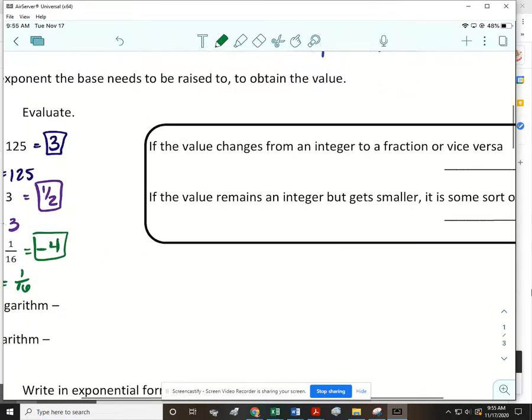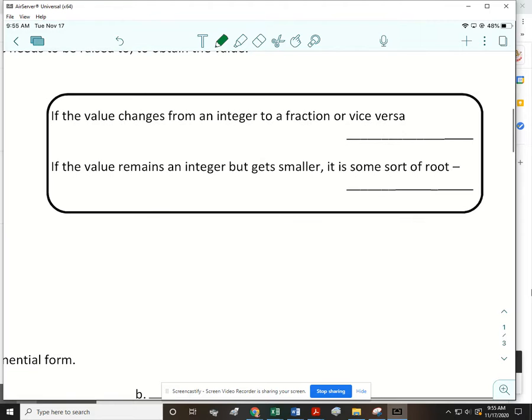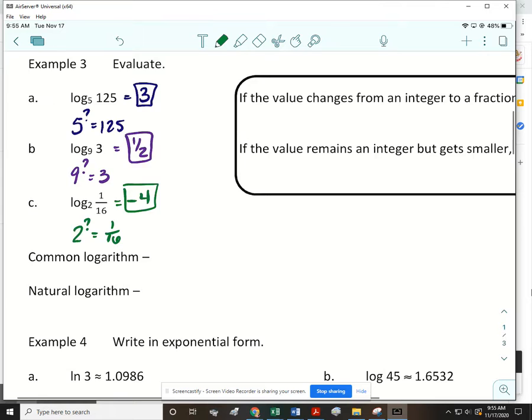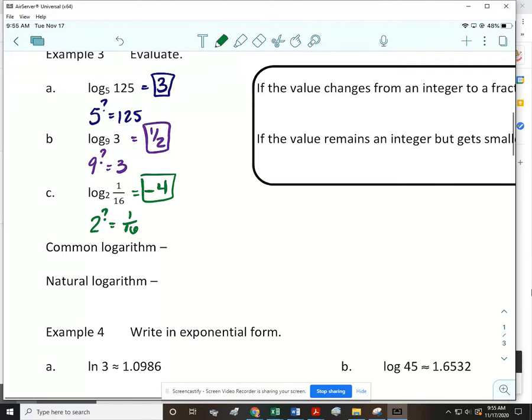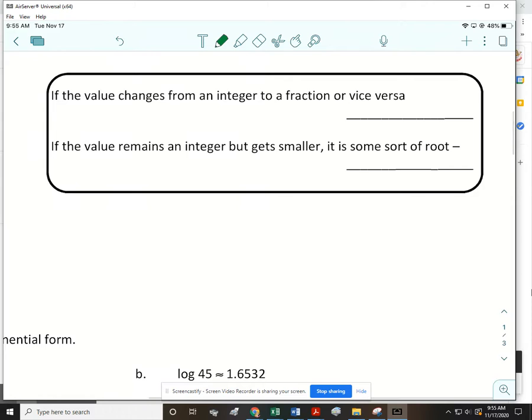All right, so I have this little hint box for you. So if the value changes from an integer to a fraction, that was like the last one. We went from an integer, which is 2, to a fraction, which is 1/16, then it's going to be a negative exponent. And then when the value remains an integer, that gets smaller.